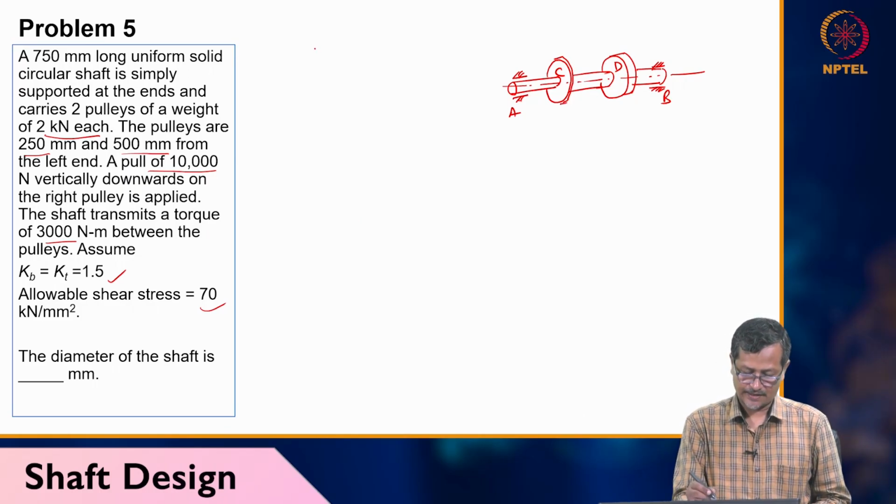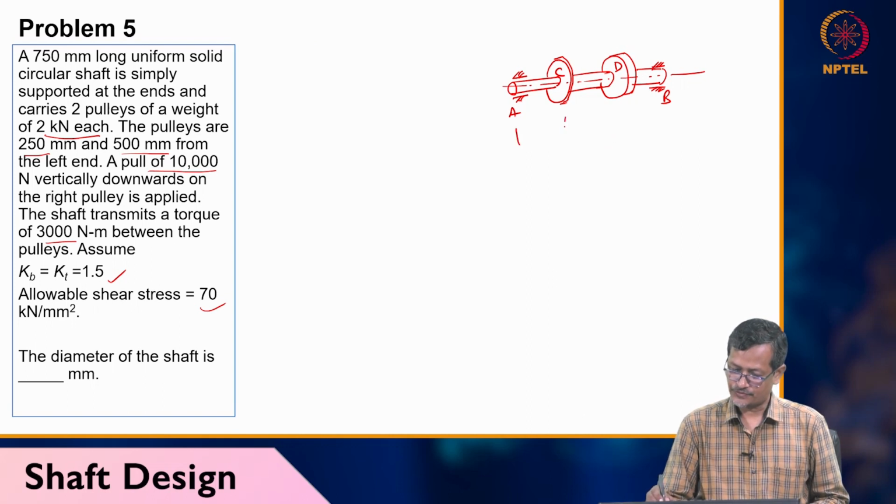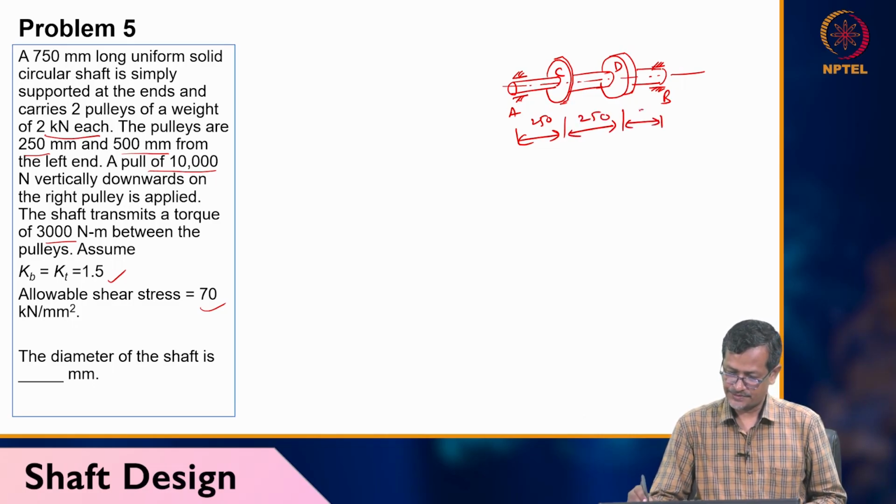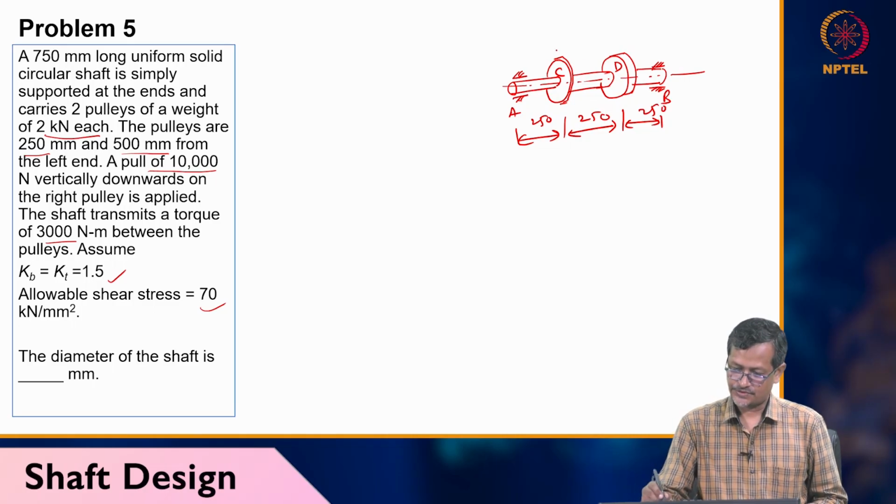So distance L is 750. The distances are given, 250. This is 250, this is 250. This is 2 kilonewton each. Then it is having a force of 10 kilonewton.